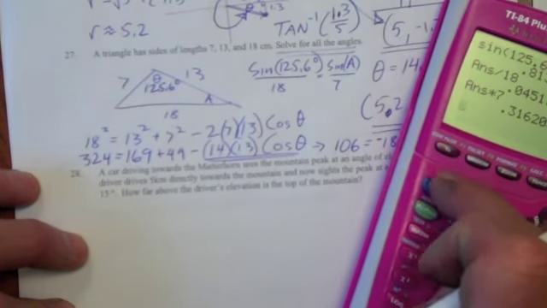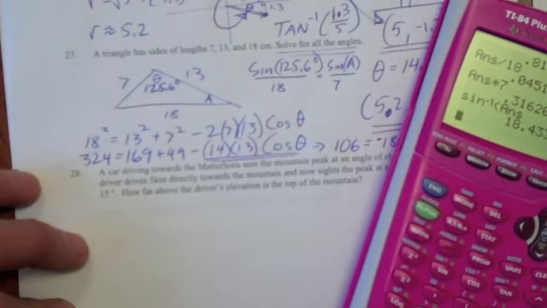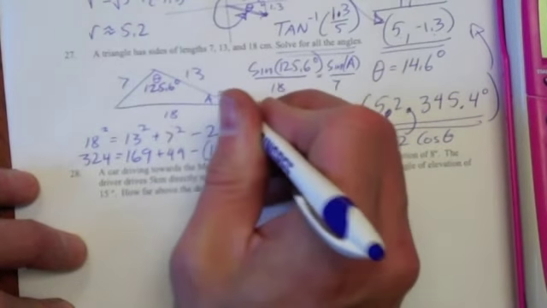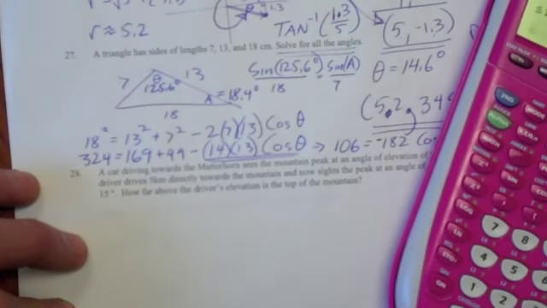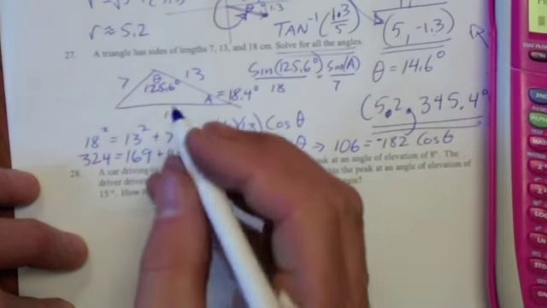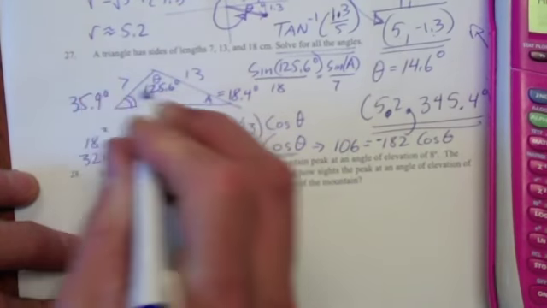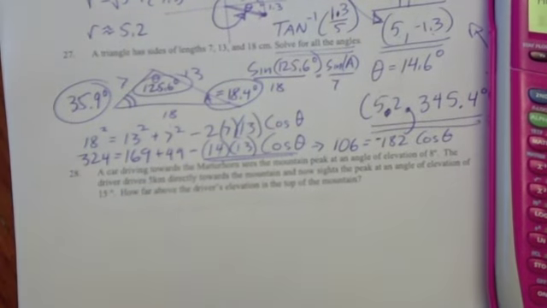I'm going to do inverse sine of that answer, and I get 18.4 degrees. And then I'm going to add that to 125.6, and I'm going to subtract that from 180 to get 35.9 degrees. So that angle there is 35.9 degrees. So there are the three angles of that triangle. Okay, we're good.